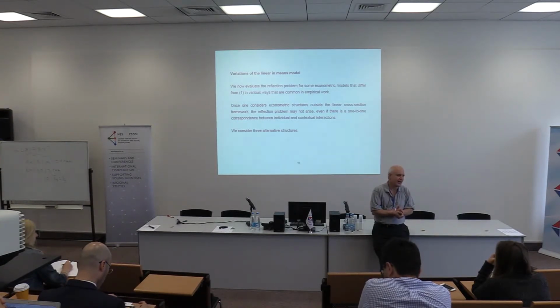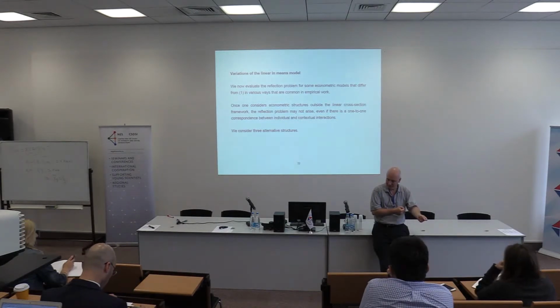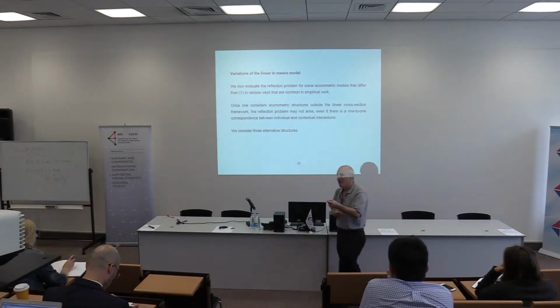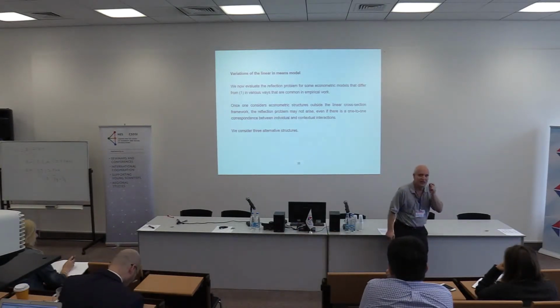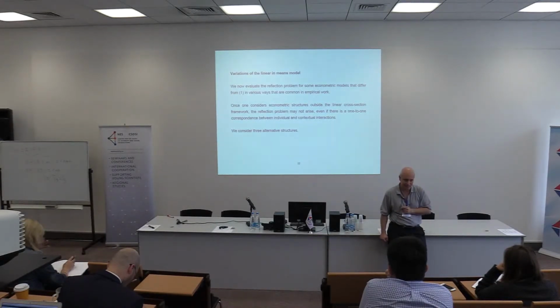If every x bar appears in the set of y's, identification fails. That's the reflection problem. But it doesn't mean that identification has to fail. It means that I have to have a reason for excluding one of the x bars from the list of y's.